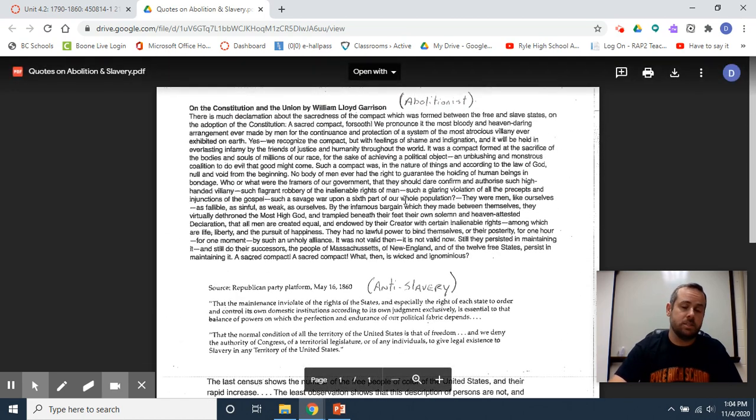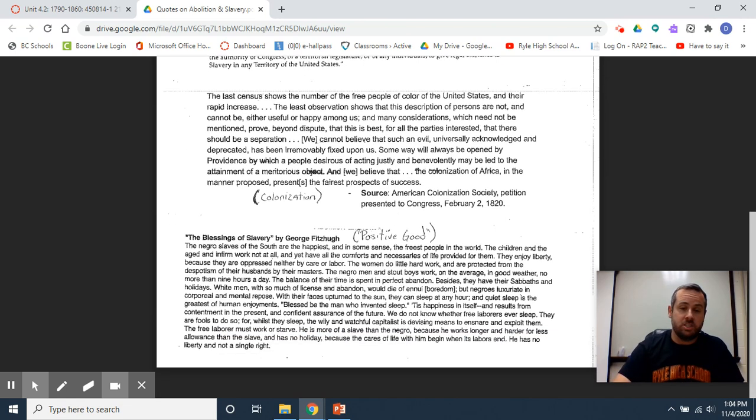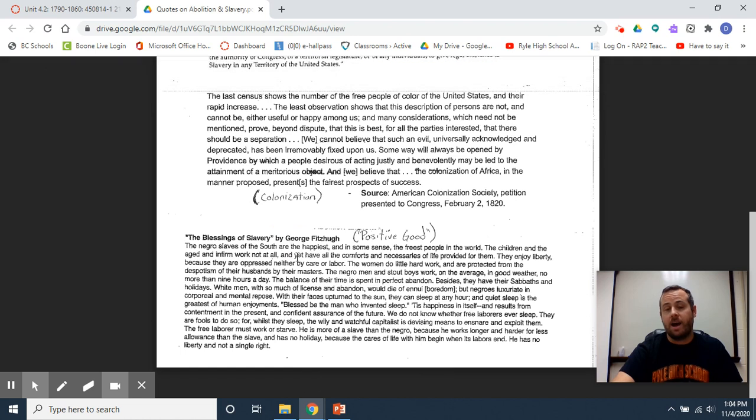Finally, this is not a view of abolition. This is, in fact, the exact opposite. Many Southerners, this excerpt is by a guy named George Fitzhugh. I think for homework, I have you look at a speech by Thomas Hammond, and also famous Senator John C. Calhoun also espoused these ideas.